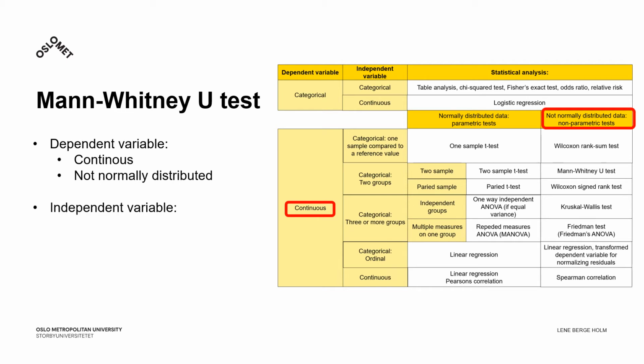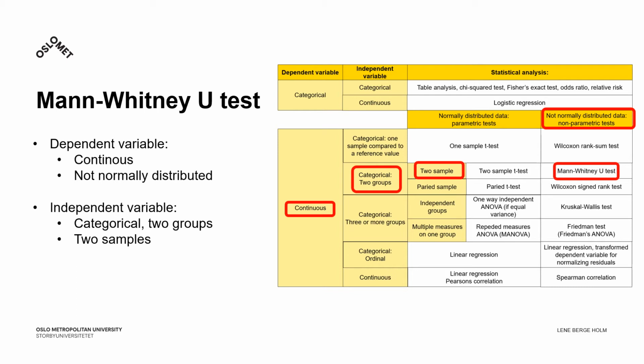And you have an independent variable which is categorical with two groups, and you have two different samples. This is where you will look. Then you will find that you can use the Mann-Whitney U test. The Mann-Whitney U test is the non-parametric equivalent to the two-sample t-test.